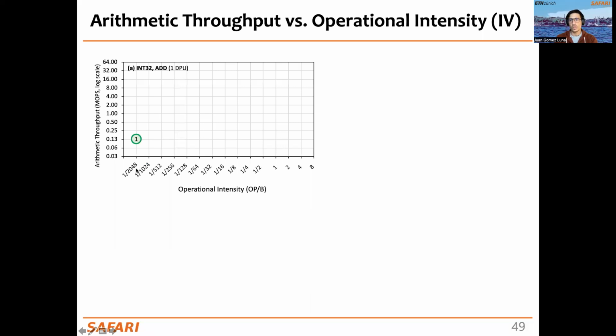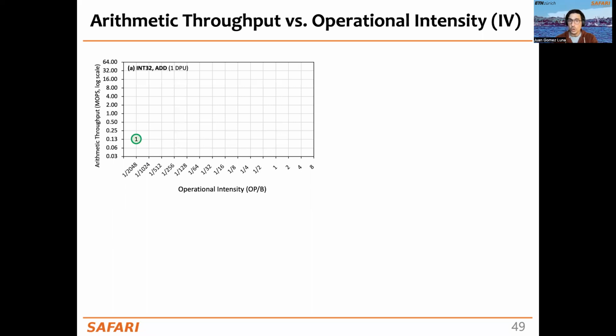This is pretty low, as you see, because it means that we are only performing a single addition of 32-bit elements, as you can see here, only a single addition every 2048 bytes. So it's a very low operational intensity.